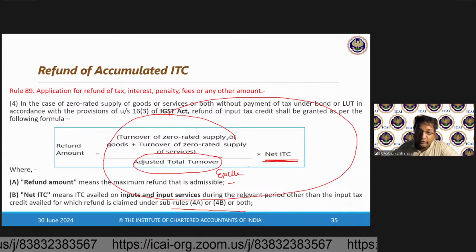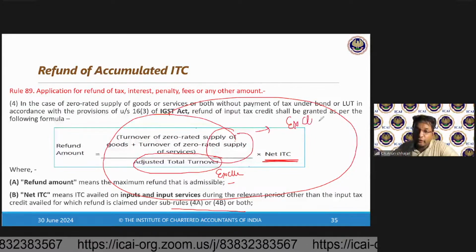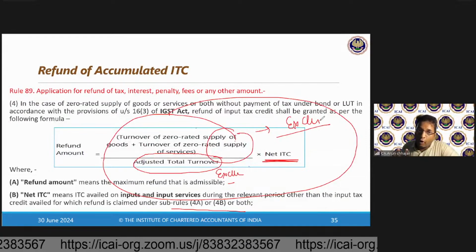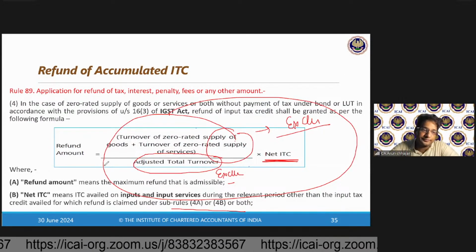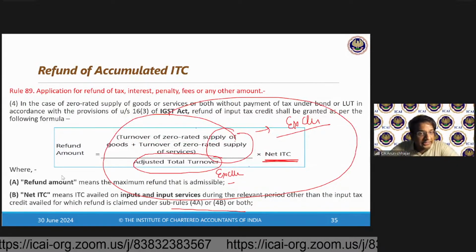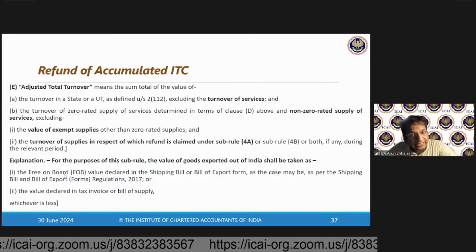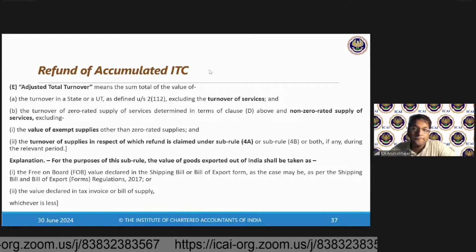In calculation of the zero rated supply of goods, we will exclude the 89 4A 4B. It means from all the places, we are excluding 89 4A 4B. It does not mean that they are not entitled to take the refund. They are entitled, but that will be calculated separately.